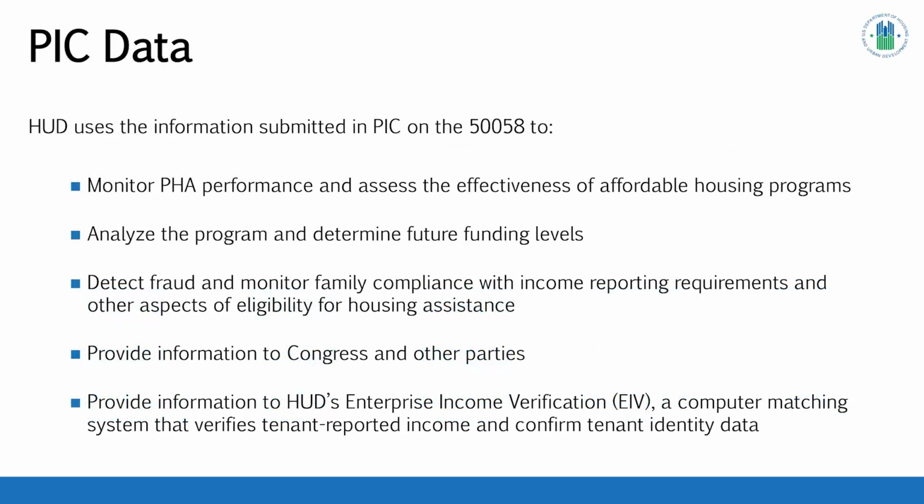HUD uses the information submitted in PIC on the 50058 to monitor PHA performance and assess the effectiveness of affordable housing programs, analyze the program and determine future funding levels, detect fraud and monitor family compliance with income reporting requirements and other aspects of eligibility for housing assistance, provide information to Congress and other parties, and also provide information to HUD's Enterprise Income Verification System, or EIV, a computer matching system that verifies tenant reported income and confirmed tenant identity data.